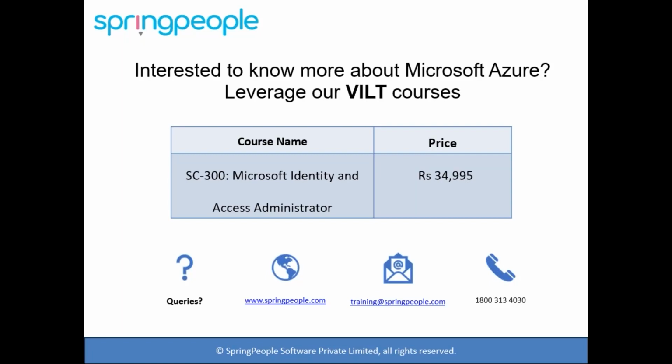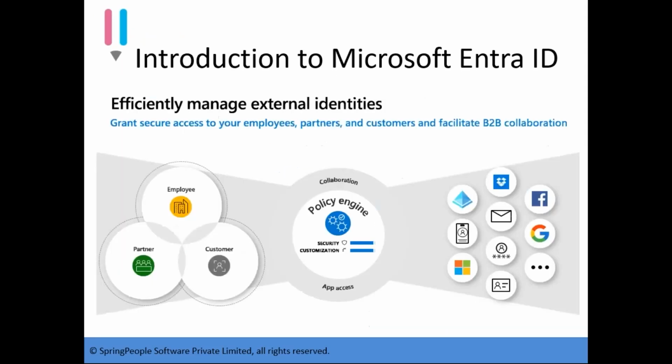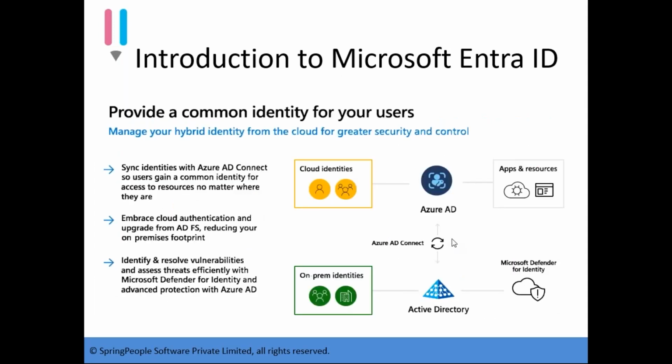Hey, thanks for sharing that. So let me look at how we sync users from on-prem to a multi-cloud environment. I believe I have shared that, but let me share my screen back. One second, I'll show you. You can sync your on-prem and other users using Azure AD Connect.